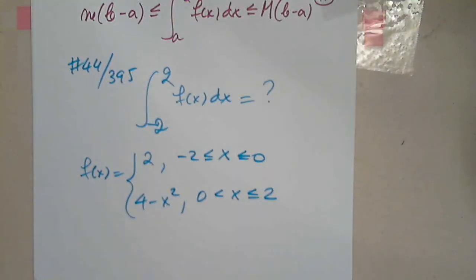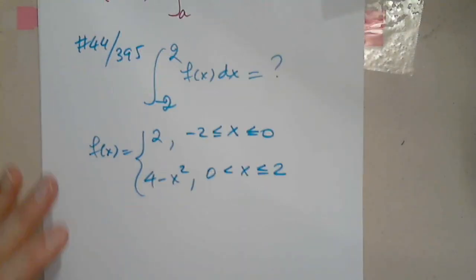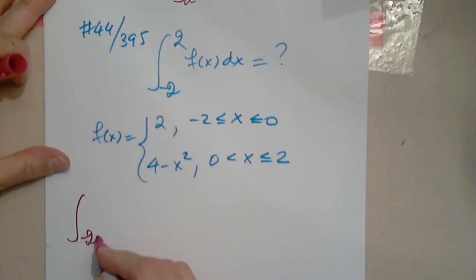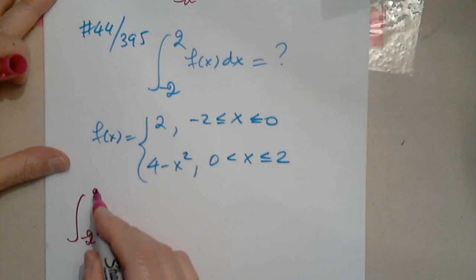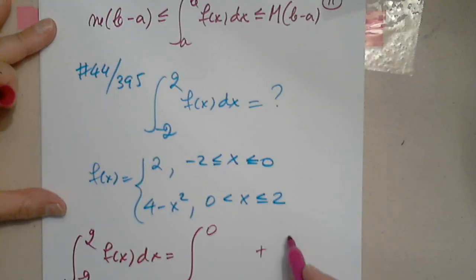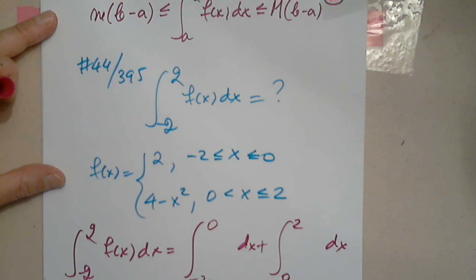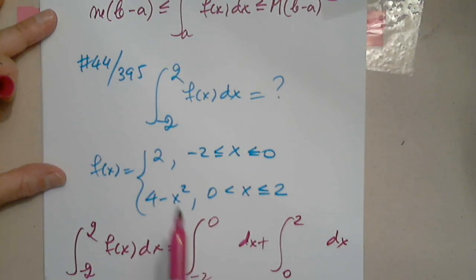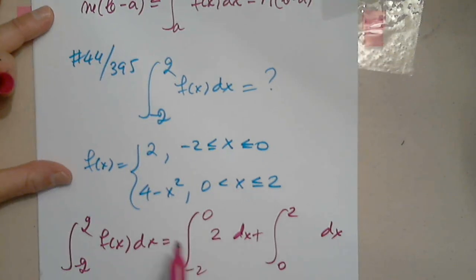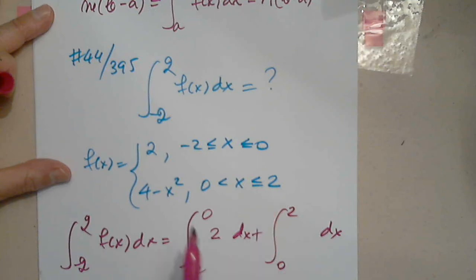So this is the property that we're going to apply here. So the integral from negative 2 to 2 of f of x dx must be the integral from negative 2 to 0 plus the integral from 0 to 2, of course something dx. From negative 2 to 0 the function is 2. From 0 to 2 the function is 4 minus x squared.